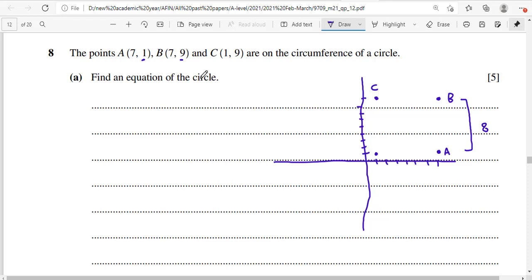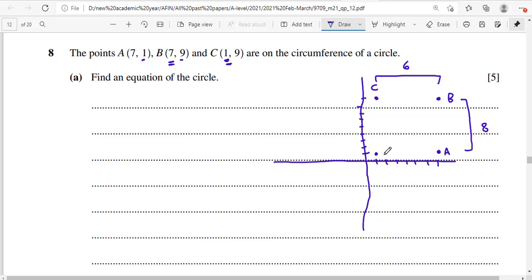From B to C, C has x value 1 and B has x value 7, so from C to B is 6 units. So it's a rectangle, and each corner is on the circumference.